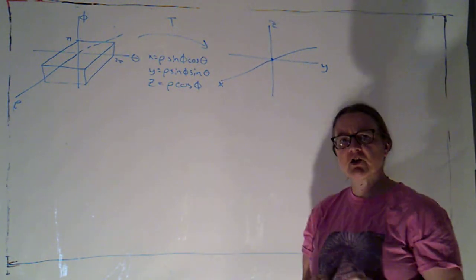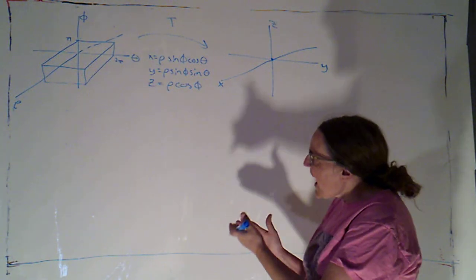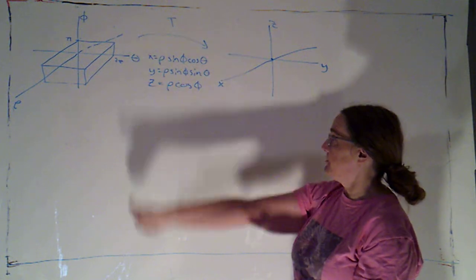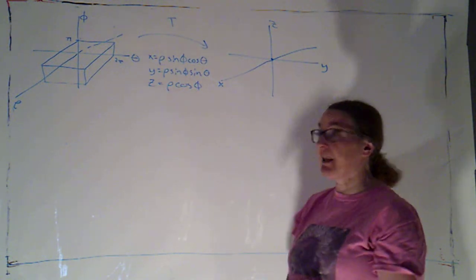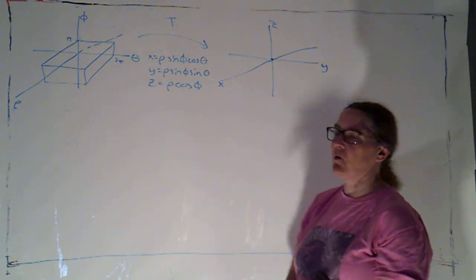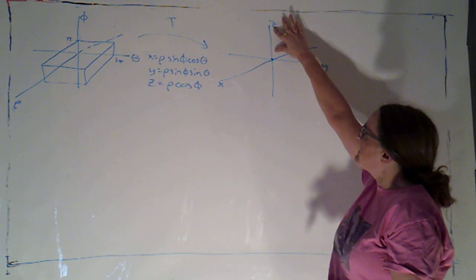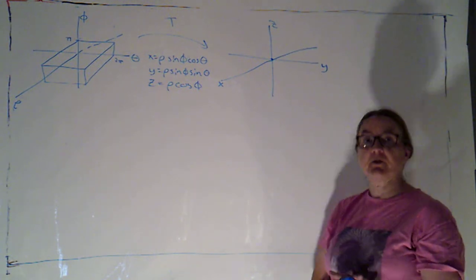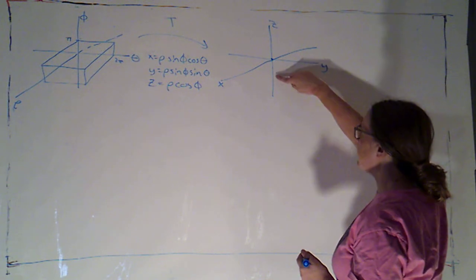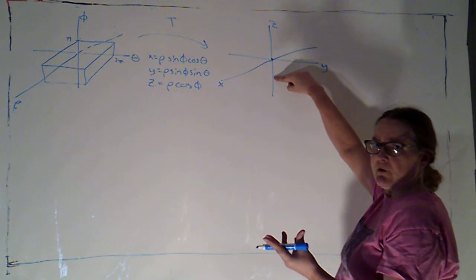Now, the transformation isn't quite one-to-one, because if rho is 0, that's going to put me at the origin, and theta and phi could be whatever we wanted. So the entire plane where rho is equal to 0 all maps to this point. If phi is 0 or phi is pi, that puts me on the z-axis, rho would have to be fixed so that I land at the right point on the z-axis, but theta could be whatever we wanted.